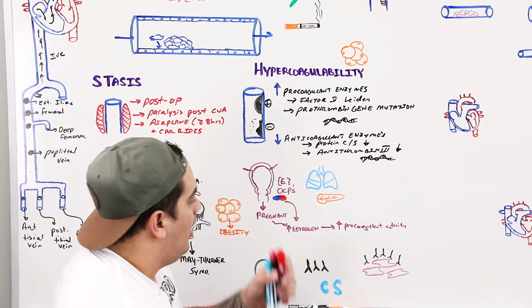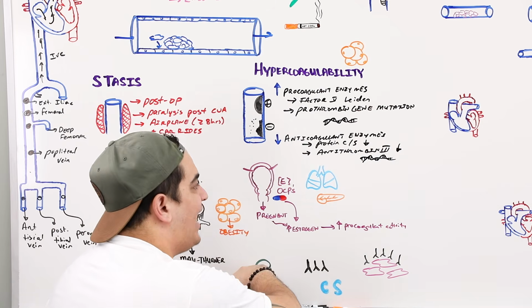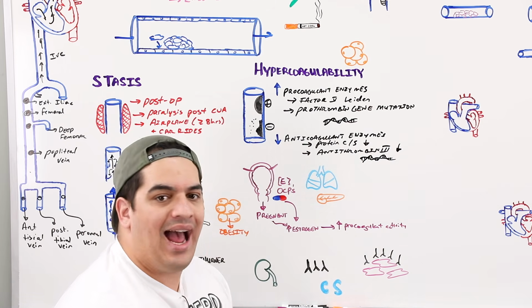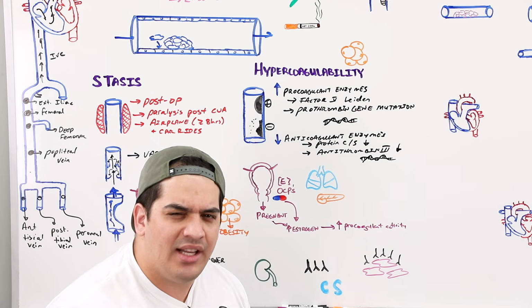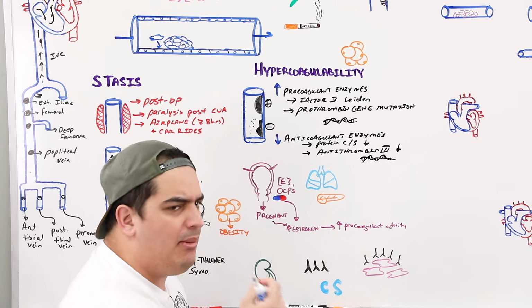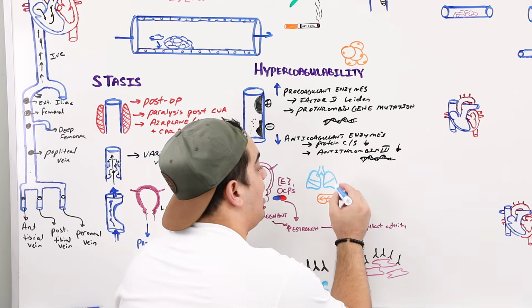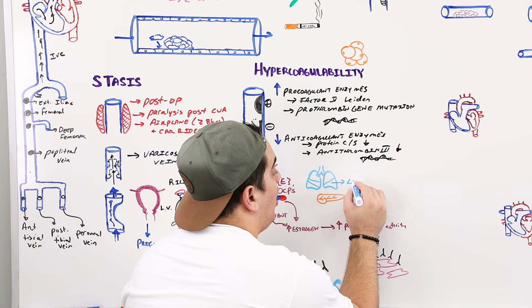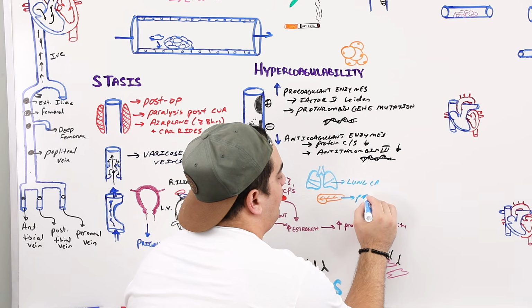Other conditions are usually malignancies, cancers. Certain cancers have the ability to produce hypercoagulant activity. The mechanisms aren't completely known, but it may be certain factors that are released from the cancers. The particular cancers I really want you to remember are lung cancers and pancreatic cancers.